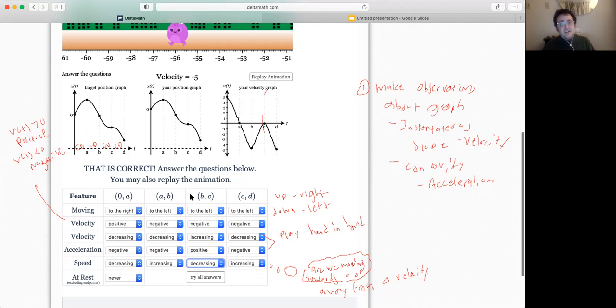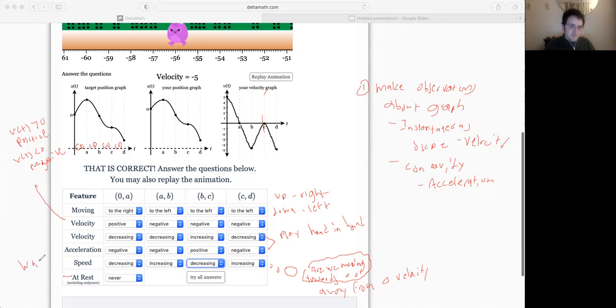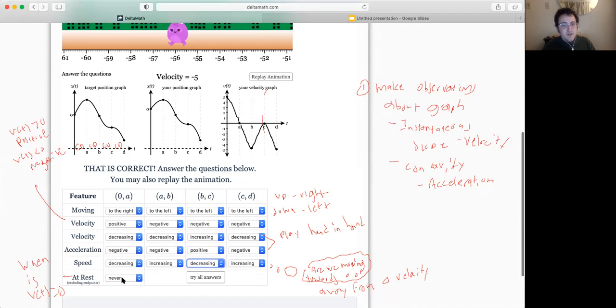Then it's asking us for at rest. This is asking us when is the velocity equal to 0? On this one, we are not looking at endpoints, but we are looking at 2 points where it is 0.